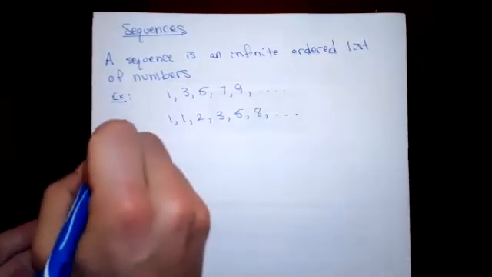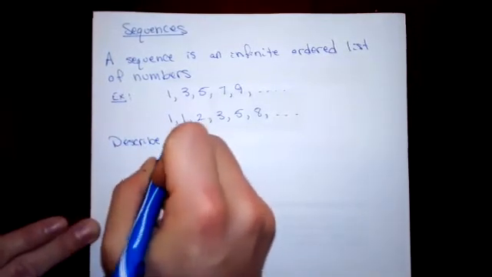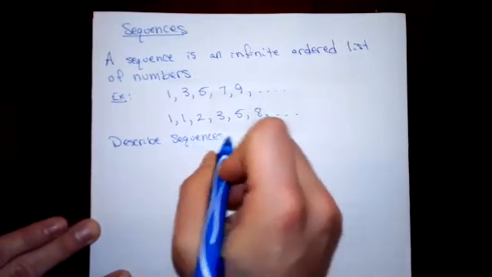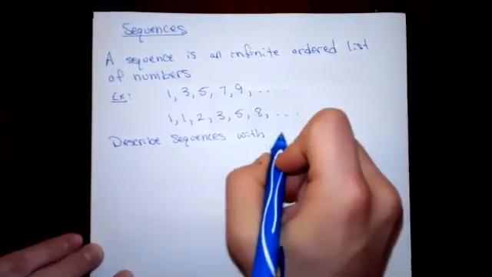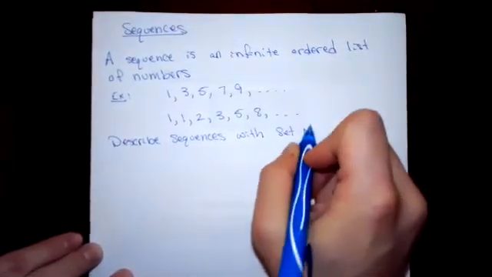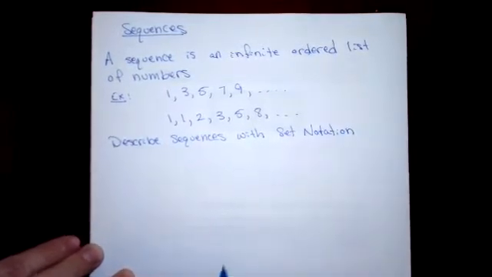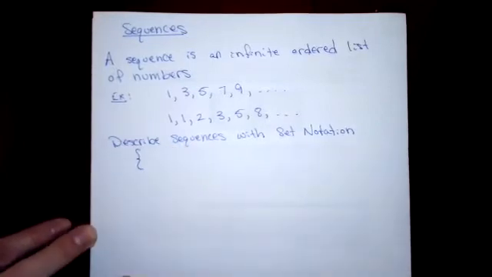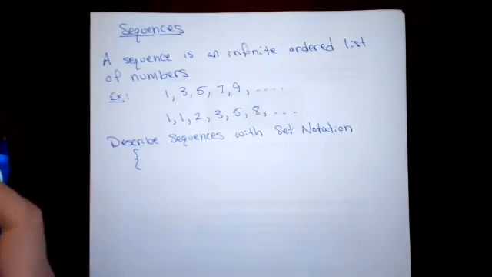We can describe sequences with set notation. So I don't know how much you guys have seen set notation. It's usually just these squiggle brackets. Anytime we have a squiggle bracket, it means we're just looking at a collection of numbers.